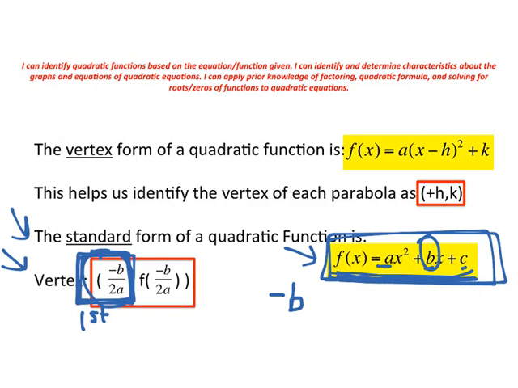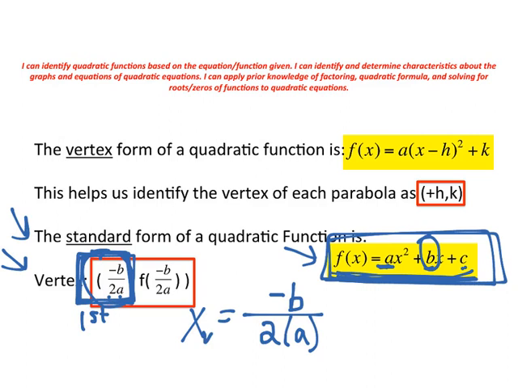If B is already a negative number, then I'm going to write it as positive that number. Okay. Divided by 2a, meaning divided by 2 times whatever the a term is. That will give me the x value of my vertex.